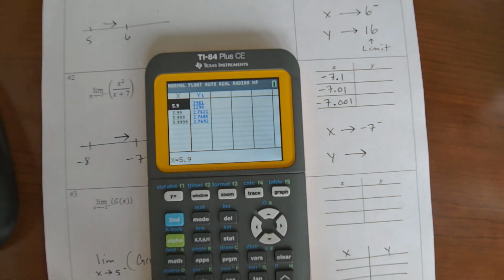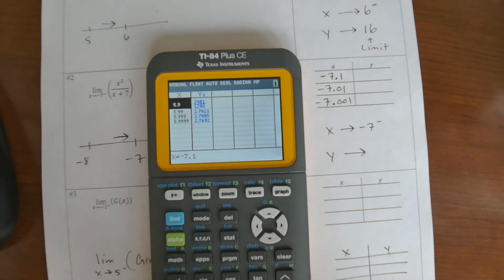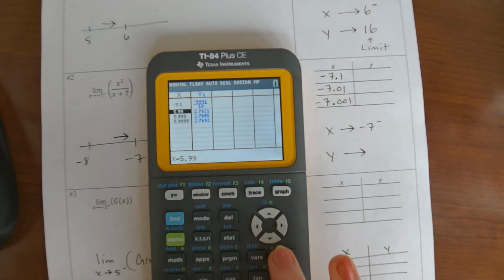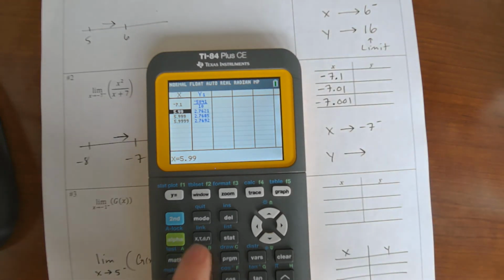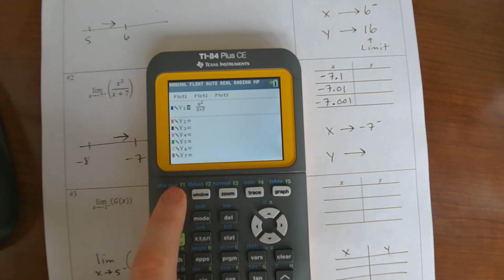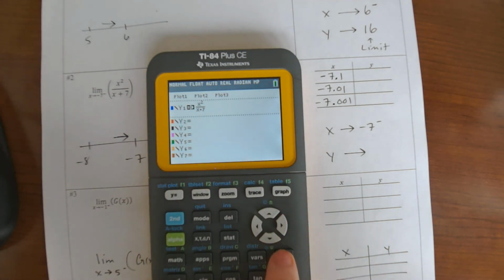So here I want negative 7.1. Enter. Oh, shoot. I want to see decimals. Because I used alpha y equals to get that fraction, it's going to give me fractional answers, and I want decimals.